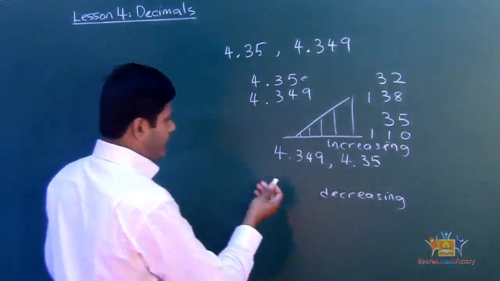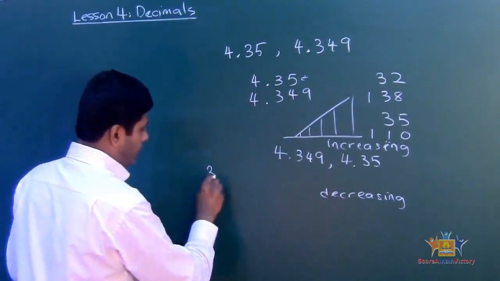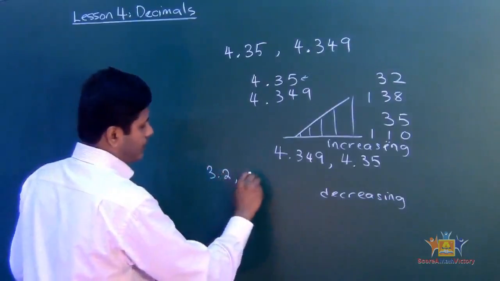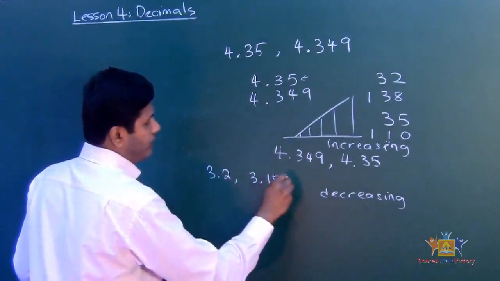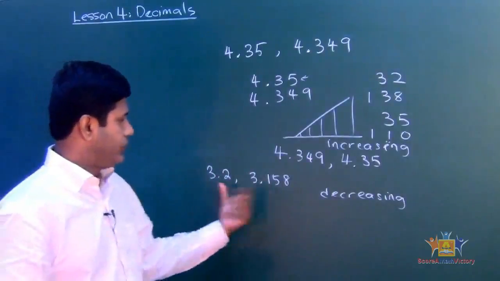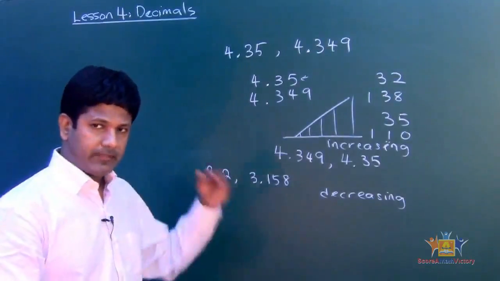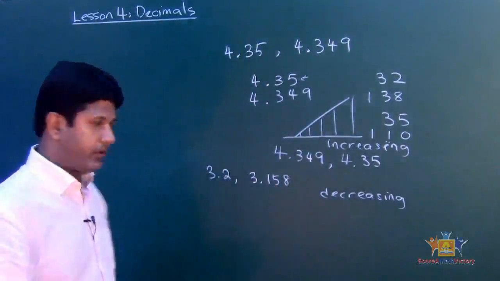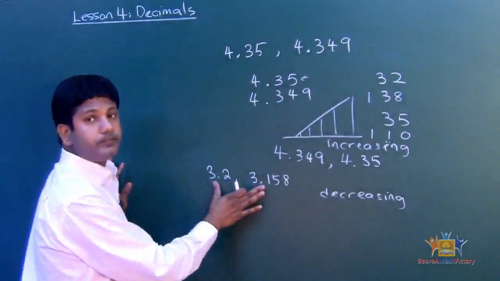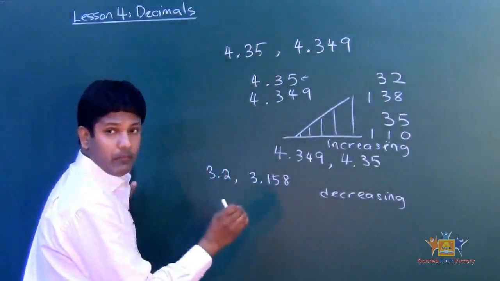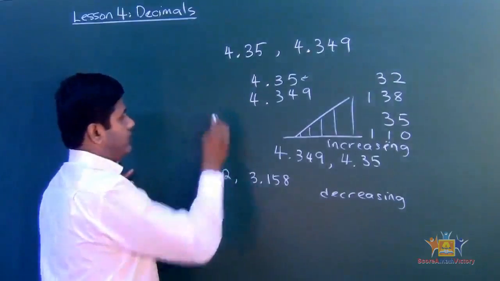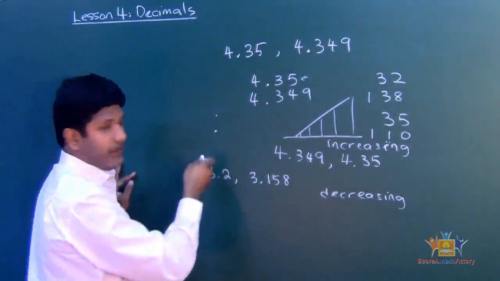All right. So let's say if I give you 3.2 and 3.158, and ask you to do the decreasing order. So in other words, I start with the big number and go to the small number. So how do I compare these two? Line them up. What we do, we grab the decimal, line them up. Okay, very important.